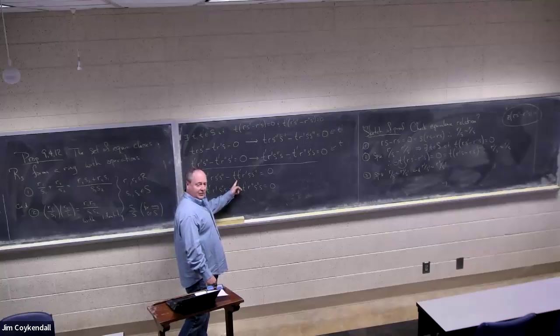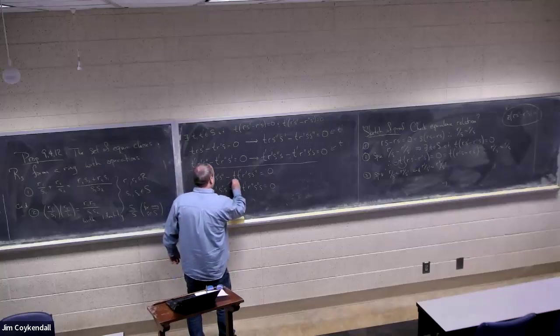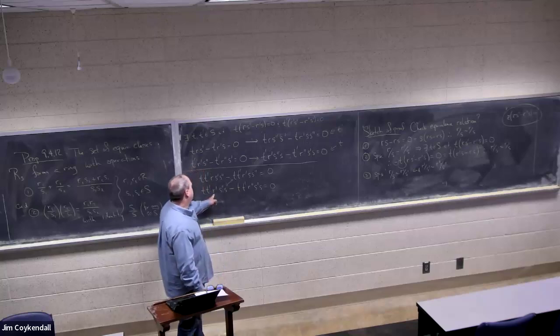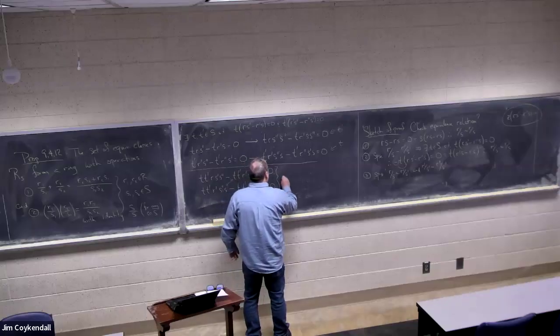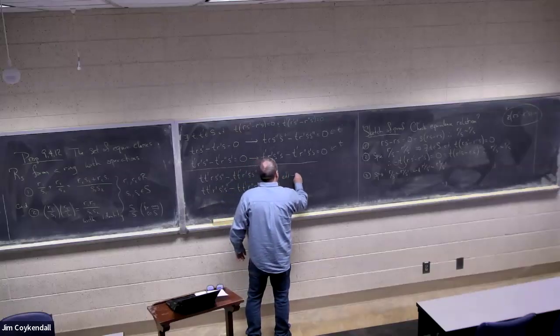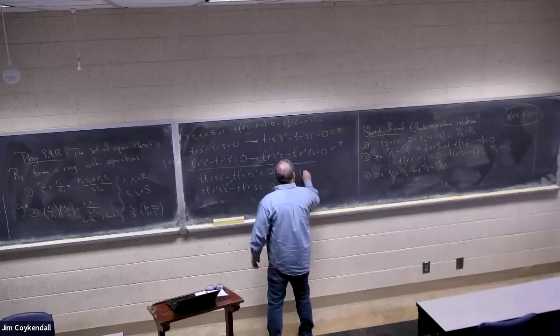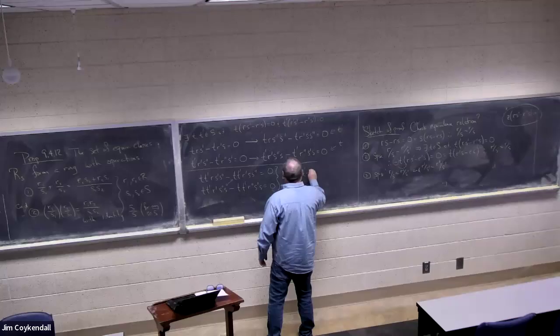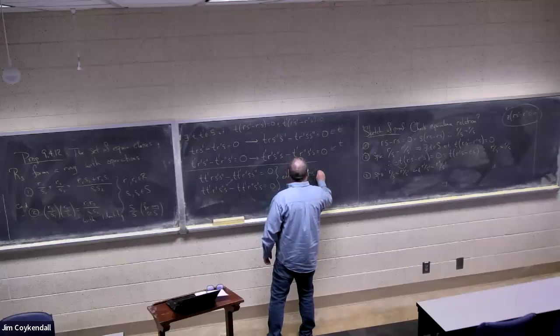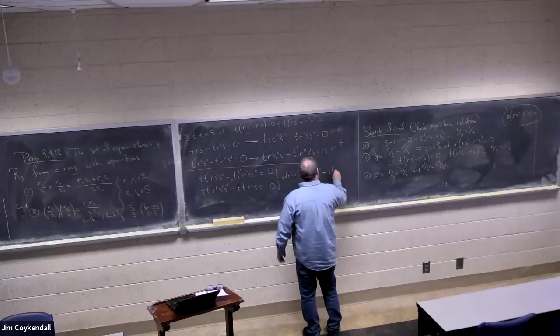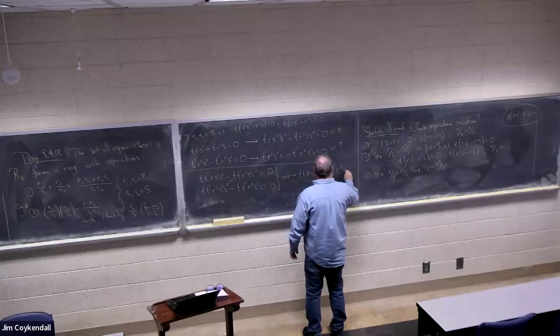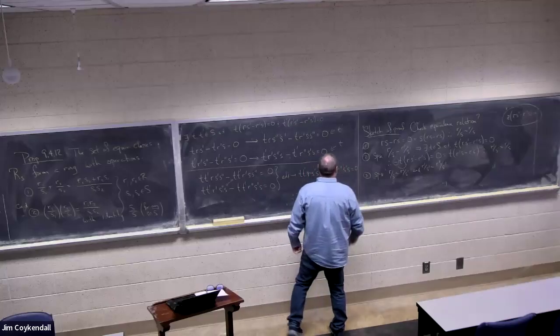What's true about this? Notice that these two terms are the same, T T prime R prime S double prime. So if I add these, I get T T prime R S prime S double prime minus T T prime R double prime S prime S equals 0.